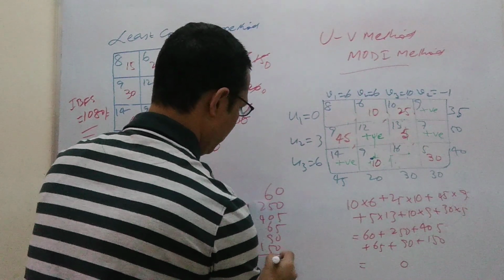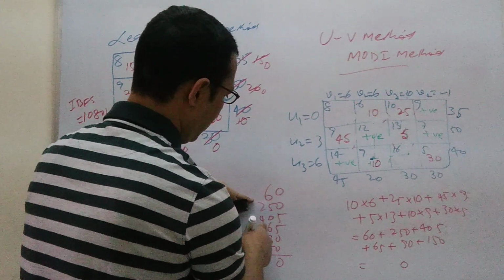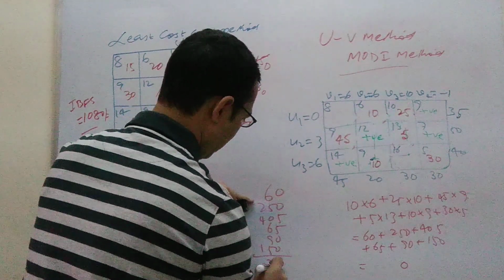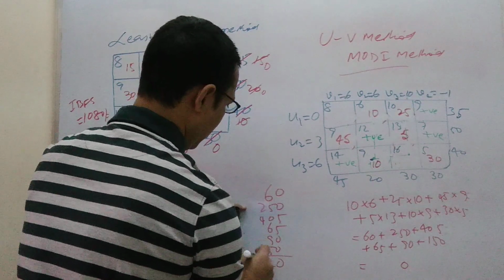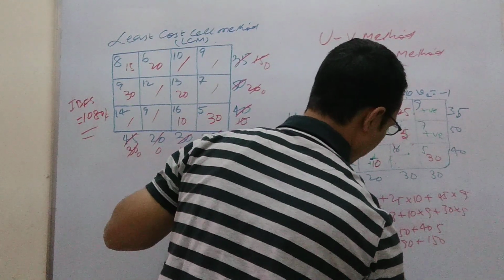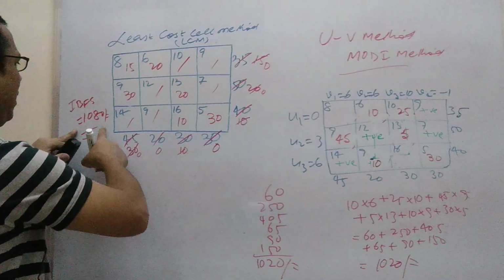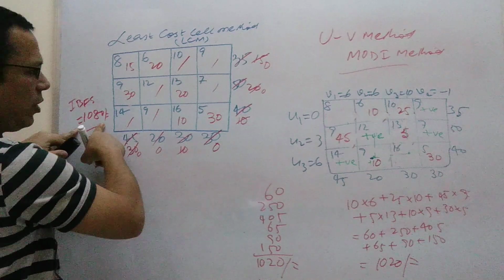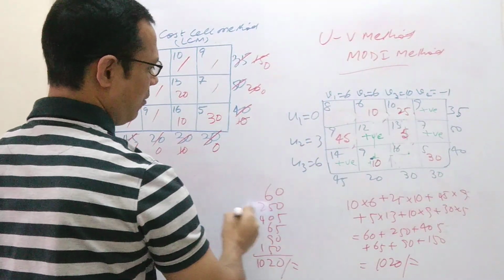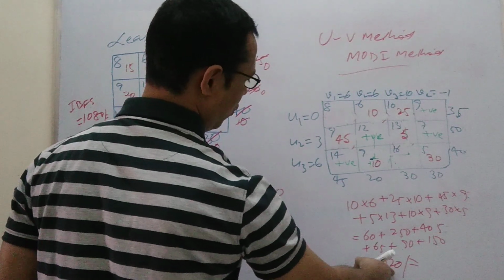What is the result? 1020. So now the result is 1020. Initially the result, by the initial basic feasible solution, was 1080. In the second step the result was 1050. In this step the result has reduced to 1020.